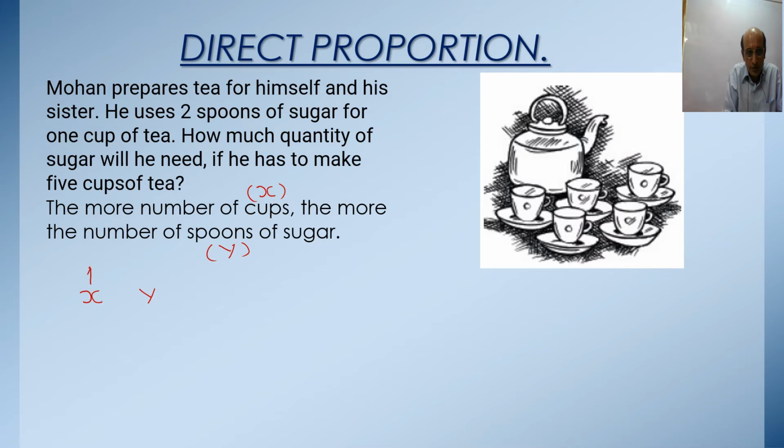That is, if X is increased, Y also increases. If the number of cups is less, then less sugar will be required.